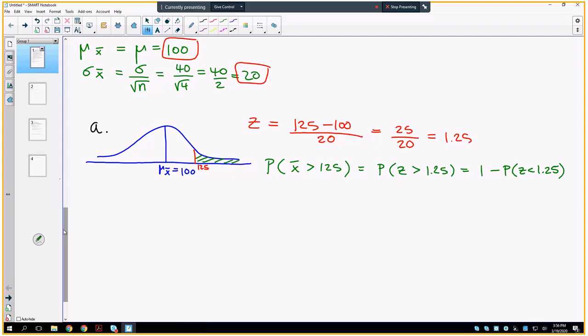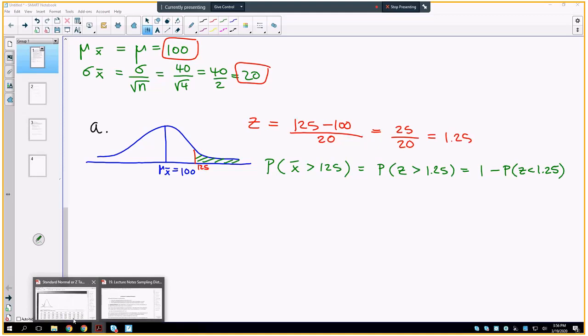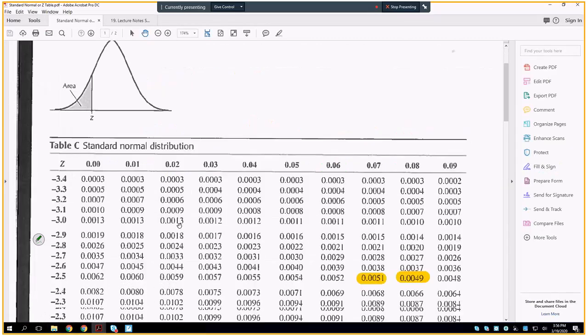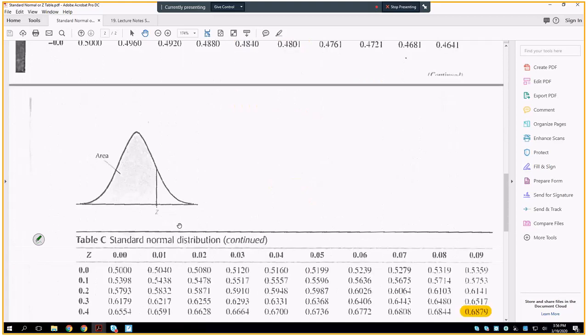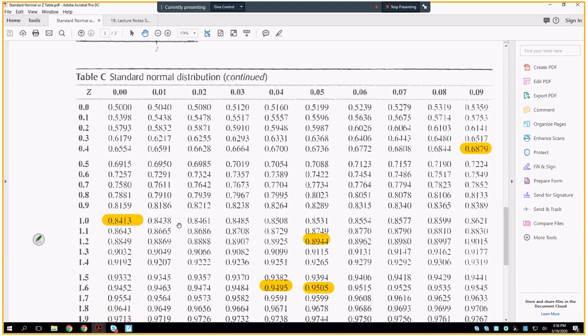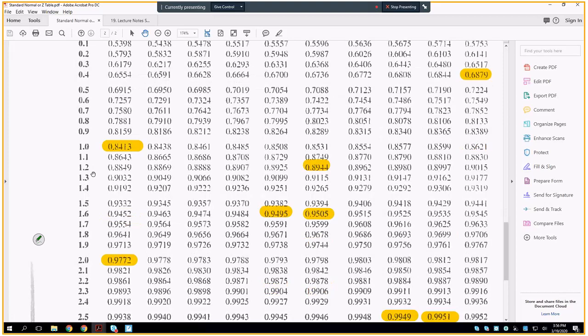We refer to our table. So let me pull up the table, and I'm looking for z equal to 1.25. Scroll down. Here's 1.2, and I go over 0, 1, 2, 3, 4, 5. So 0.8944 is going to be the number that I need for my problem.